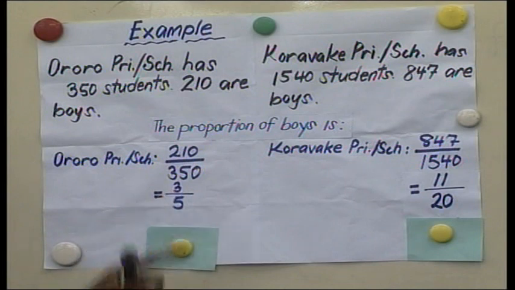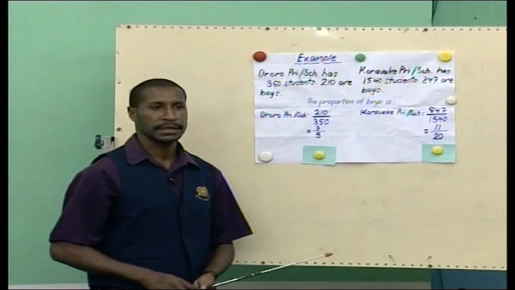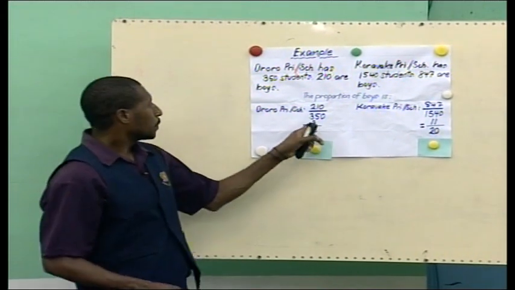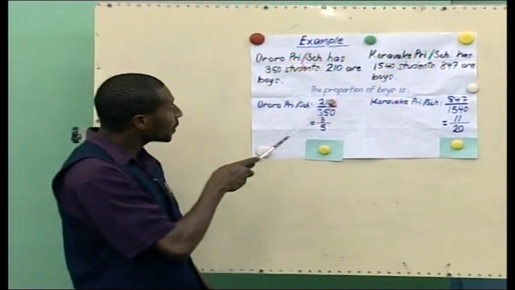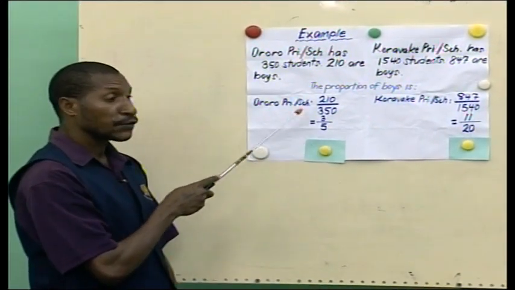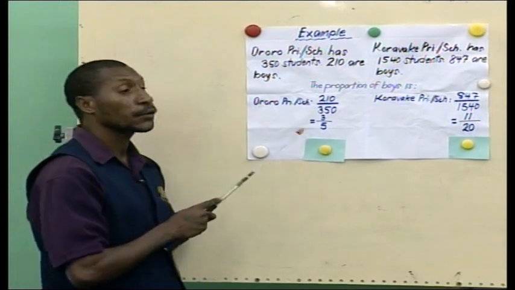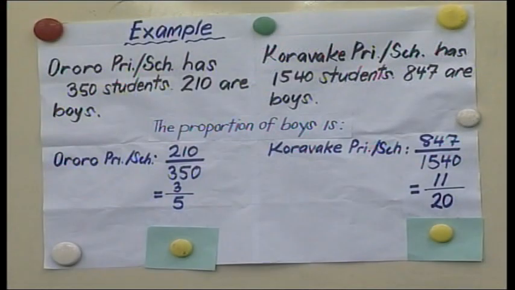We multiply 3/5 by 100 what? 100 percent. Always mention 100 percent. So, multiply 3/5 by 100%. This time we are trying to find what percentage of boys are in Aurora Primary School. Receiving students, can you calculate that? 3/5 times 100%.